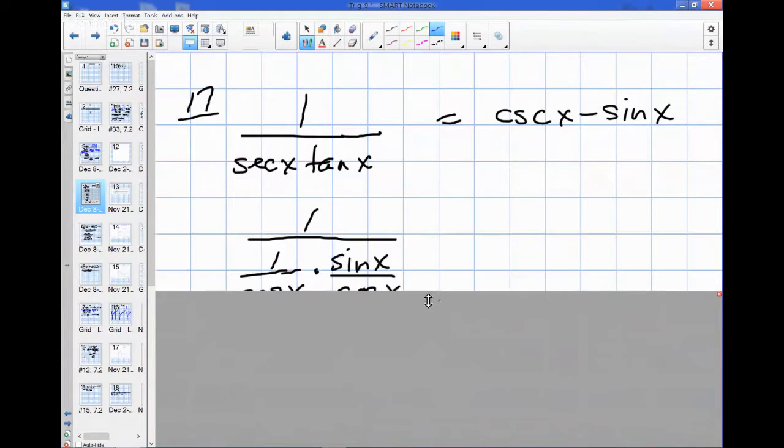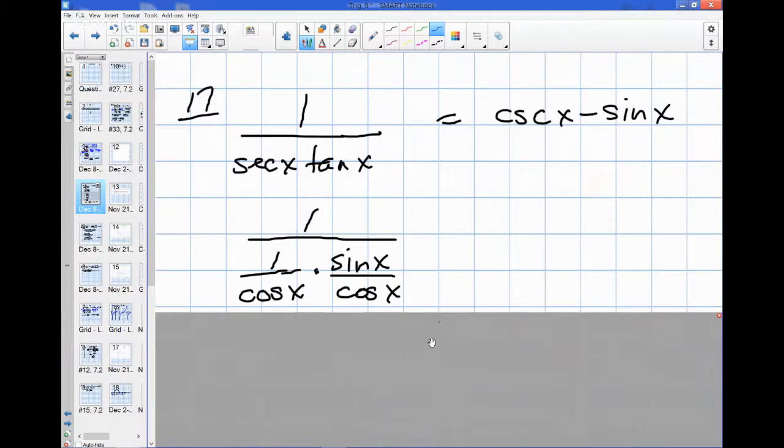So the first step is, in place of the secant, let's put its reciprocal in, 1 over cosine. And in place of the tangent, let's put its ratio identity, sine over cosine. Hopefully you caught on to that pretty quickly. That's important from last class.